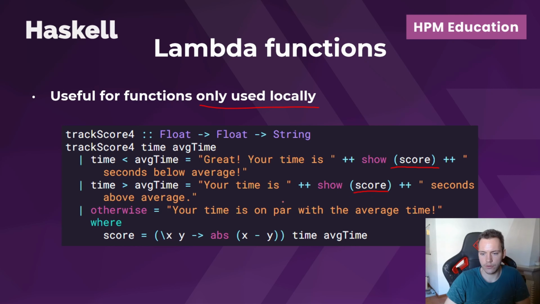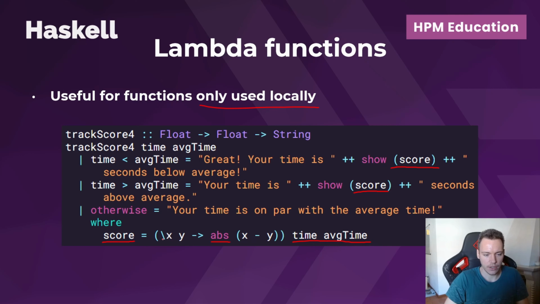This is actually a silly example because we could just apply this function abs, which stands for absolute. So if the number is negative, it will be turned to positive. So absolute of -3 is 3, and absolute of 3 is still just 3. We could just apply it to time minus average time.